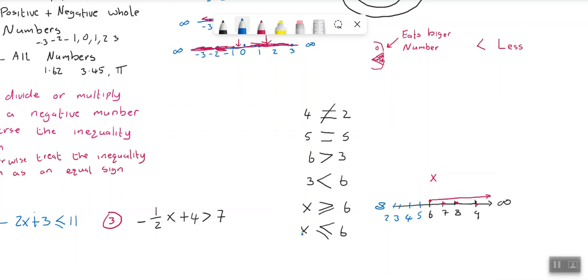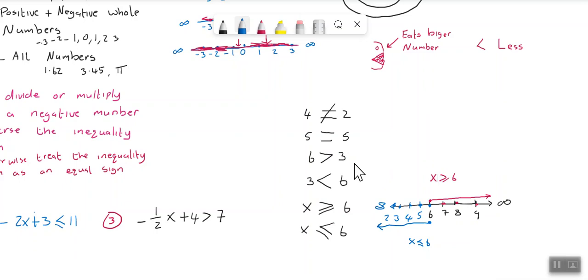So this top one is x is greater than or equal to 6, and this bottom one is x is less than or equal to 6. It could be any value from 6 all the way down, including the negative numbers. So it would be anywhere from 6, 5, 4, 3, 2, 1, and then it could go on indefinitely in that direction. That's what we mean when we talk about the inequality signs.